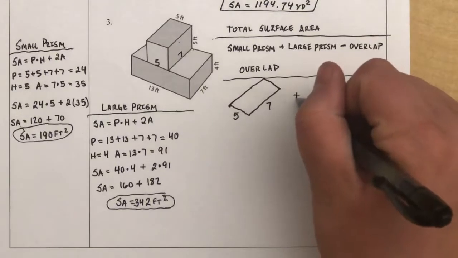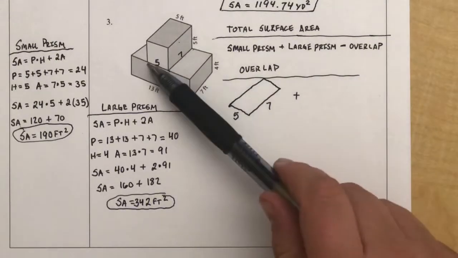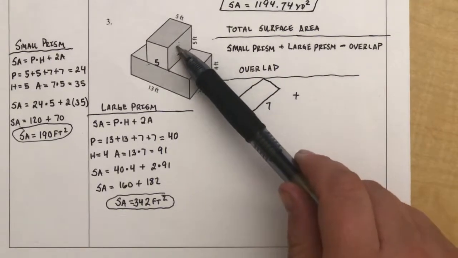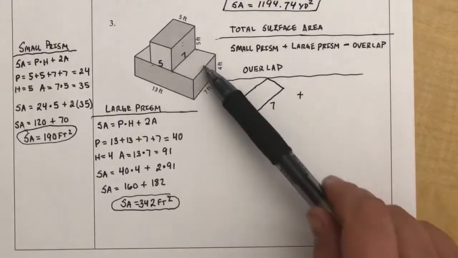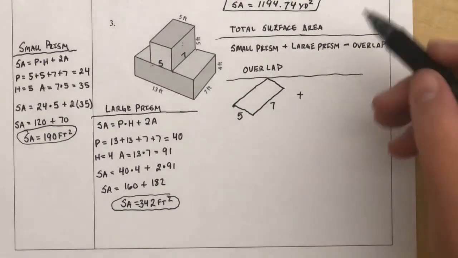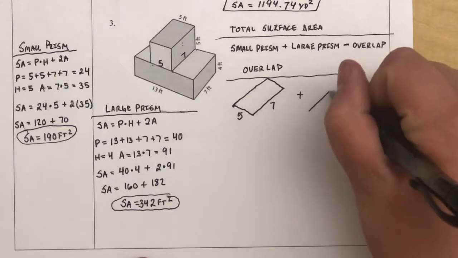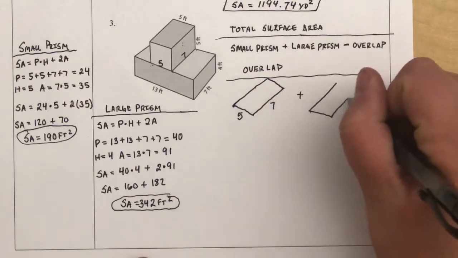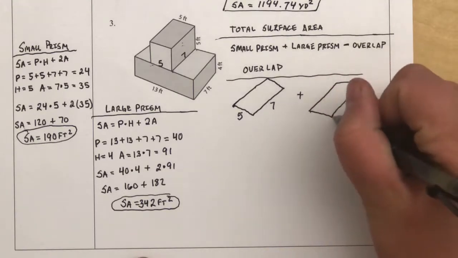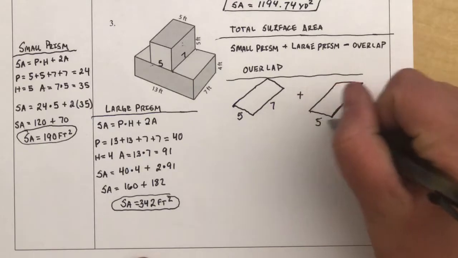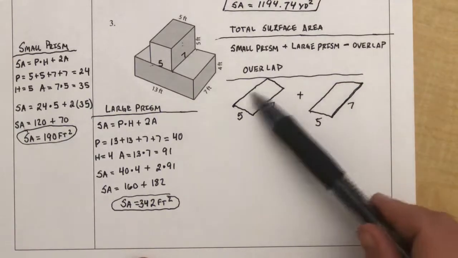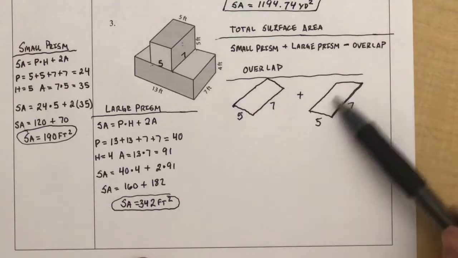And it's also going to be the same piece, but we're counting it for the top of this prism. So really we're going to do this twice. Say it's 5 and 7. Again, the bottom of the small and part of the top of the big.